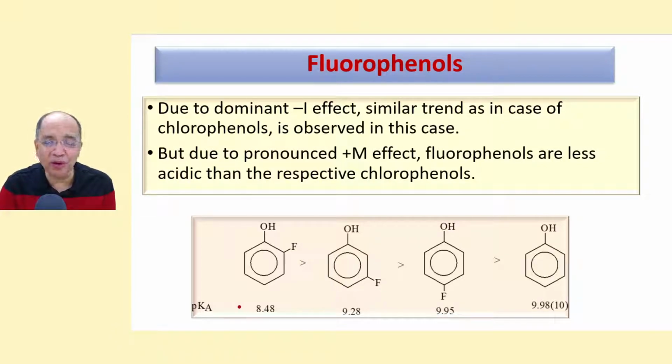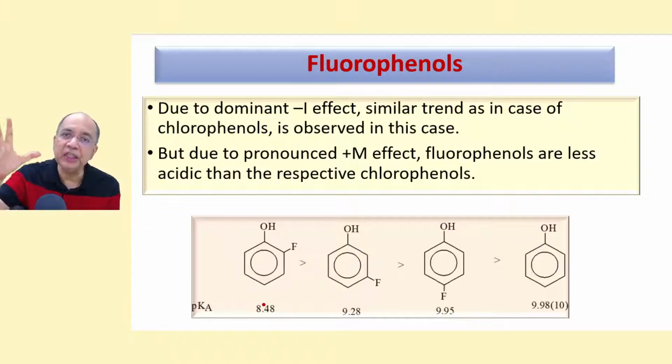So fluorobenzene will have some plus M effect in the ortho-para position, and also in the meta position, because of course it will bypass this OH group, but it will have some electron donating effect due to plus M effect. That will reduce the ultimate or net minus I effect, for which the acid strength is relatively less than chlorophenols.